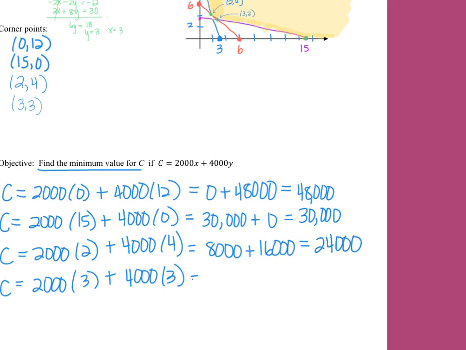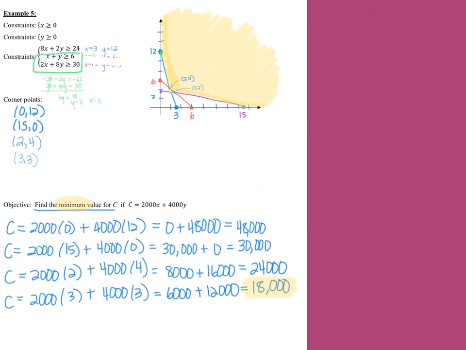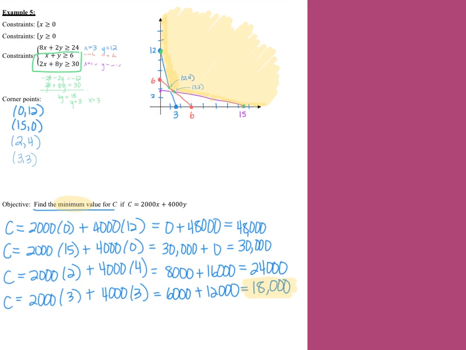And the last one would be 6,000 plus 12,000 for a value of 18,000. And in this case, we are going for the minimum. And so this one at 18,000 is the minimum. And so the minimum value is 18,000 located at the corner point of 3, 3.